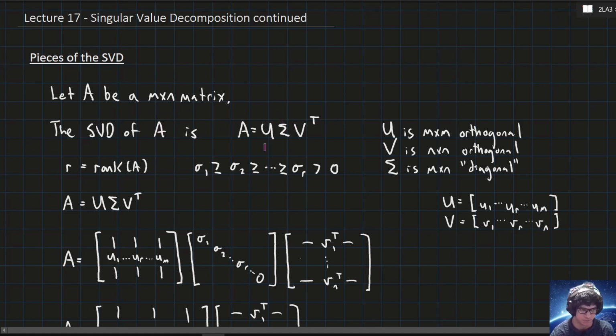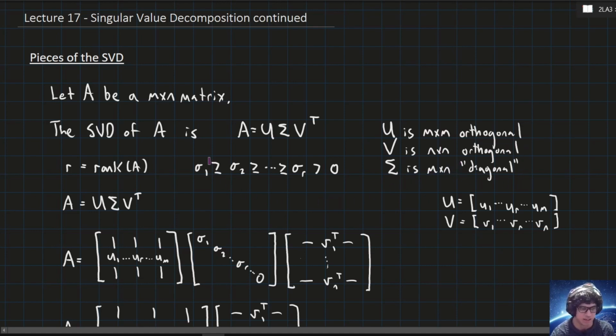So this is the situation: A is m by n. So we have the singular value decomposition U times sigma times V transpose. U is m by m orthogonal, V is n by n orthogonal, and sigma is m by n almost diagonal.